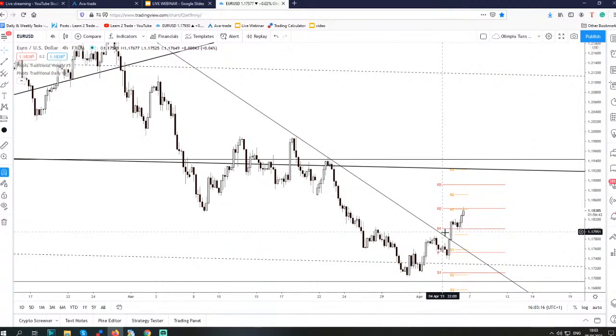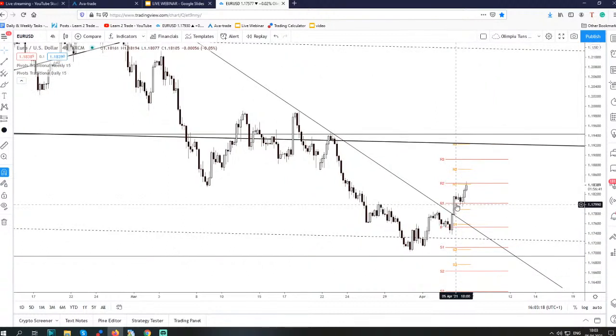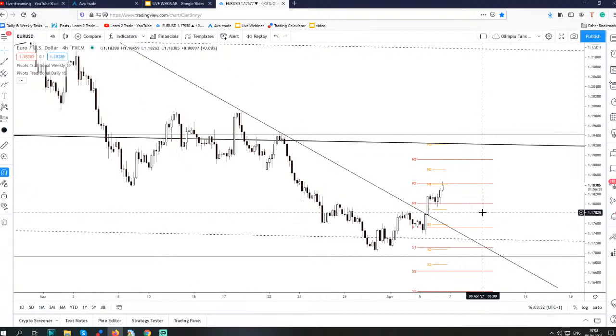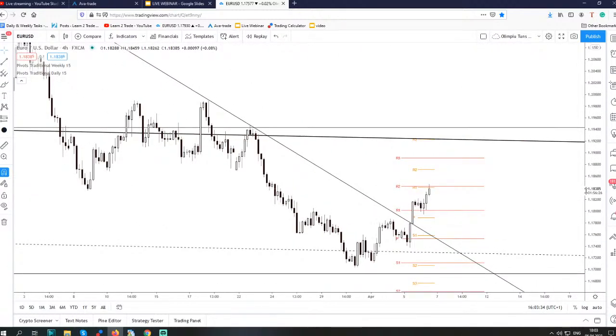So the breakout above this downtrend line, the breakout above R1, the first static resistance 1.1801, and a retest here has confirmed a potential increase in the short term.